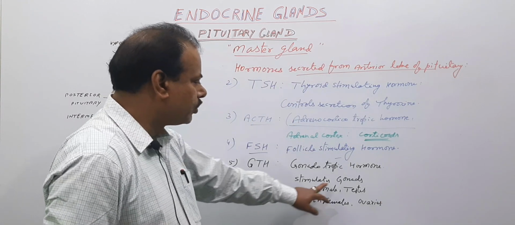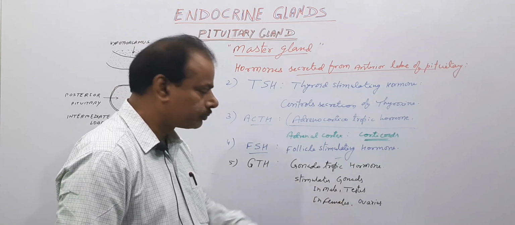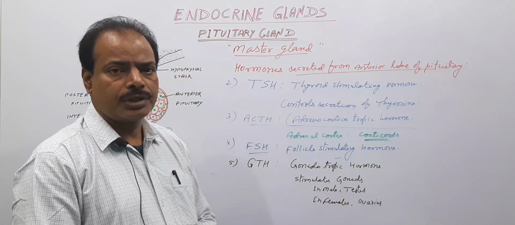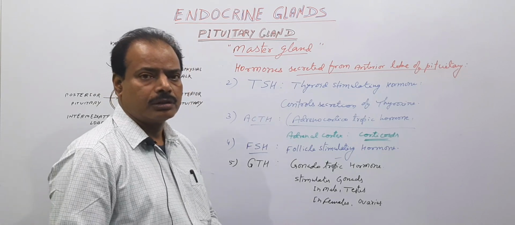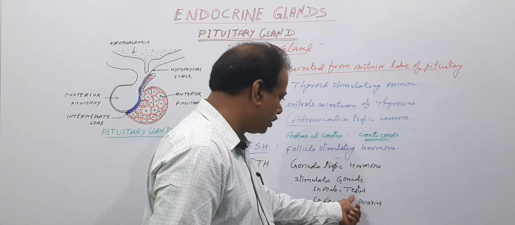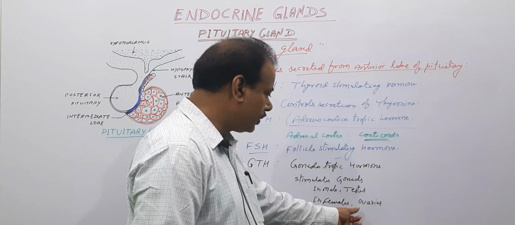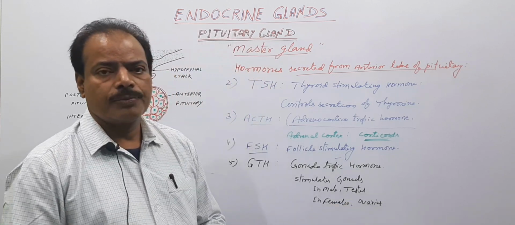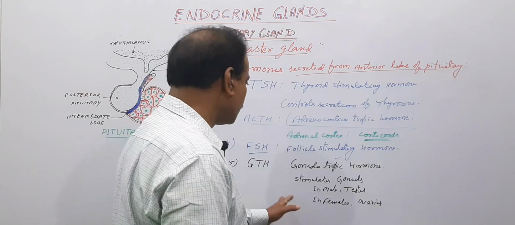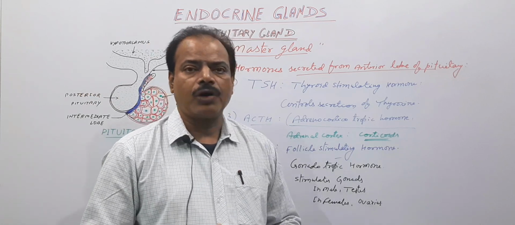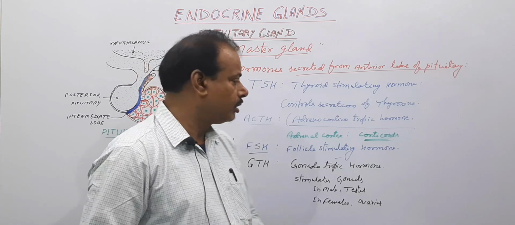So it stimulates gonads for what? For formation of testosterone, as well as formation of sperms by the testes in males, and it stimulates the ovaries in females, so that progesterone hormone is secreted in proper amount, and also it helps in formation of eggs or ova in the ovaries.